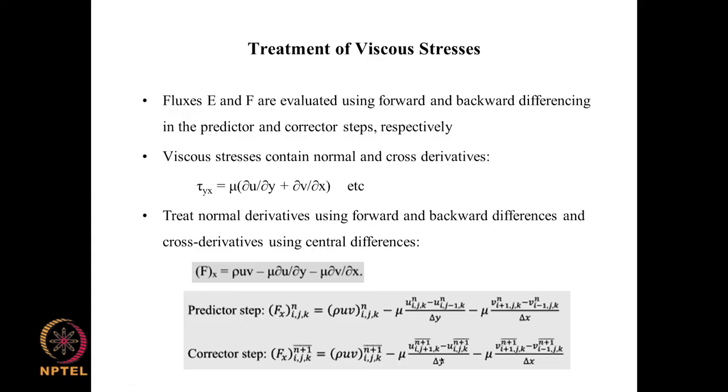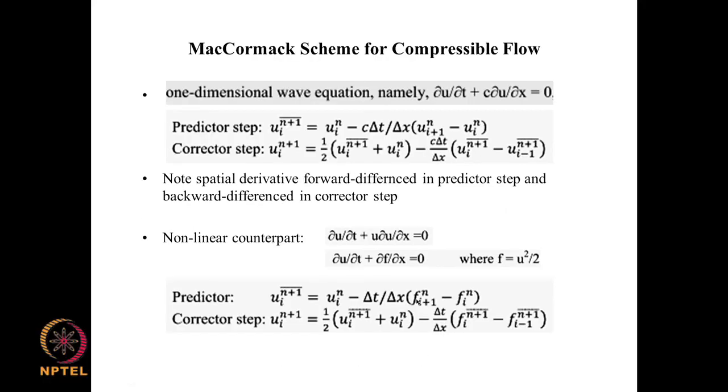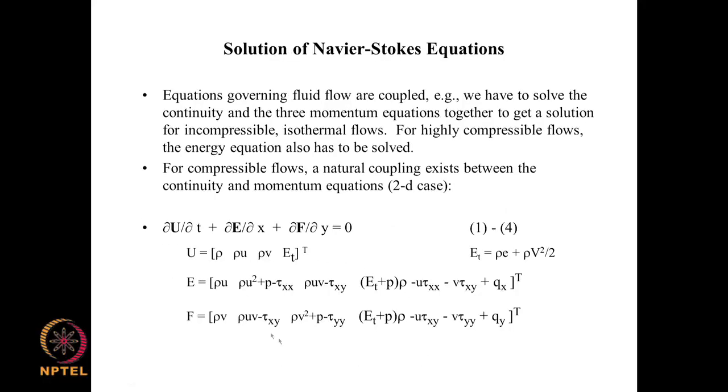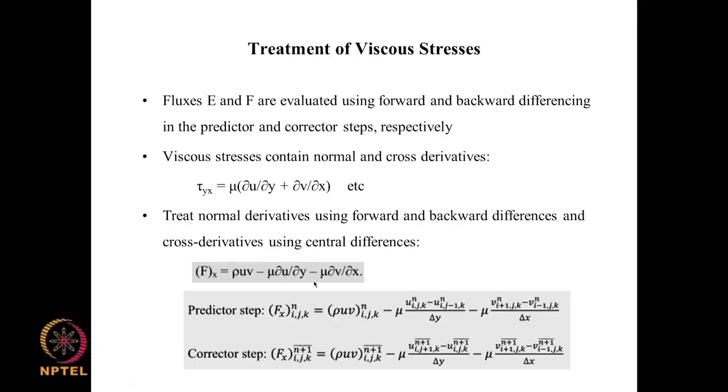With this detail, it is now possible to go back to every term there, put the appropriate way of differentiation, evaluate each of those derivatives and other things that are coming here, and then evaluate the whole thing.